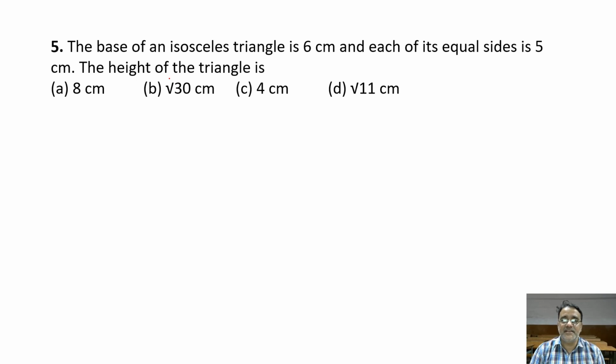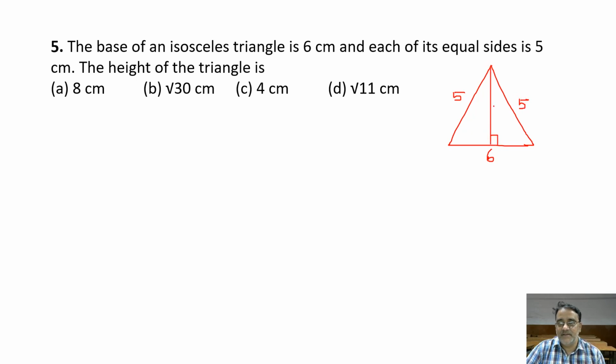The base of an isosceles triangle is 6 centimeter and each of its equal sides is 5 centimeter. ठीक है? The height of the triangle. देखो ध्यान से एक रफ फिगर बना रहा हूँ मैं. So this is given 6 and this is given 5 and this is given 5 and we have to find this height.